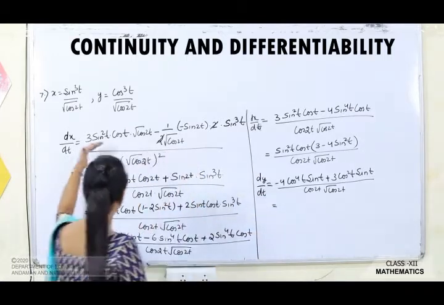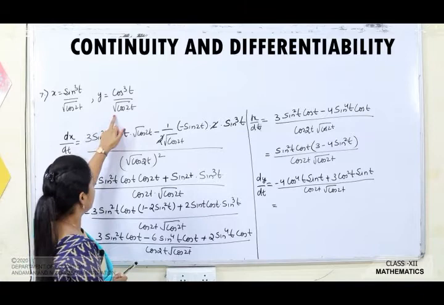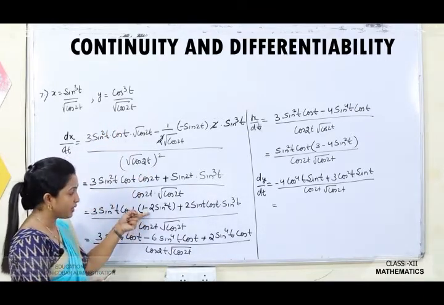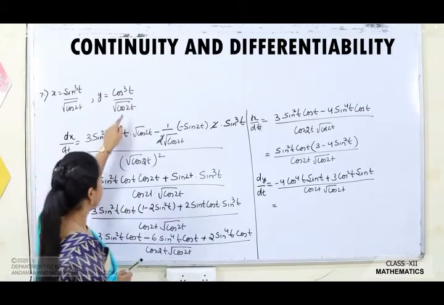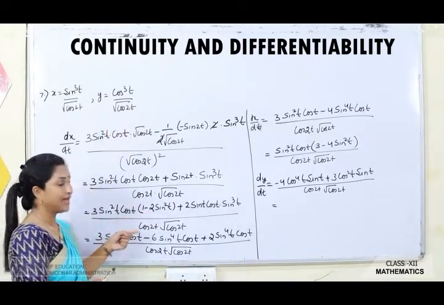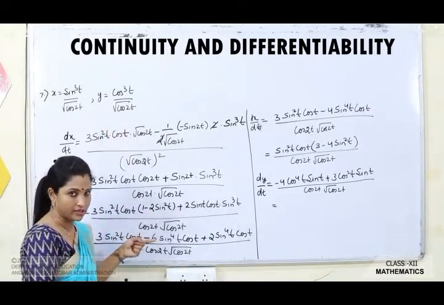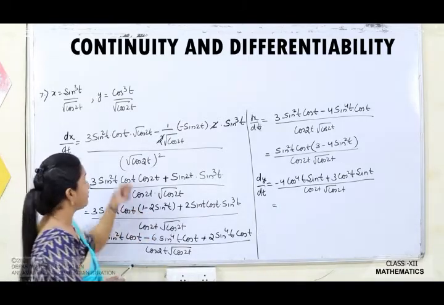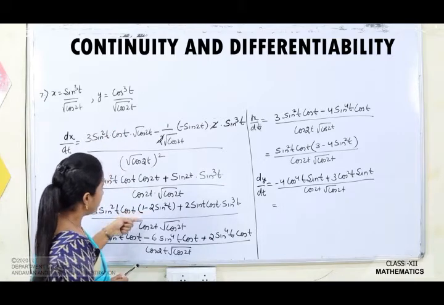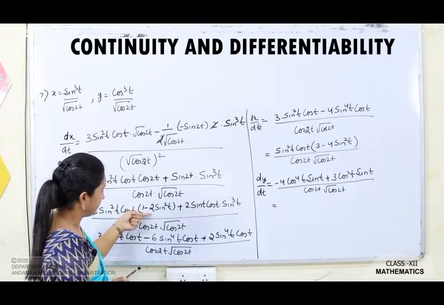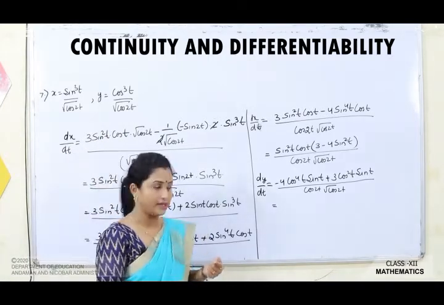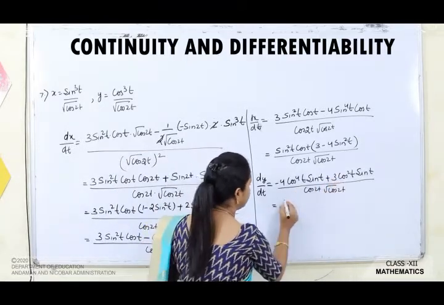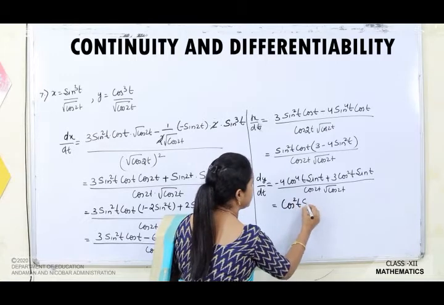Same way you have to proceed, you have to apply quotient rule and apply the formula. Remember that here I have applied 1 minus 2 sin square t, but here when you are getting cos 2t, apply the formula for 2 cos square t minus 1, correct. The first part you have to apply 1 minus sin square t, but when you solve this in the same procedure, in place of cos 2t you have to write down 2 cos square t minus 1, and finally you will get the answer like this, and you have to take common, that is cos square t sin t.